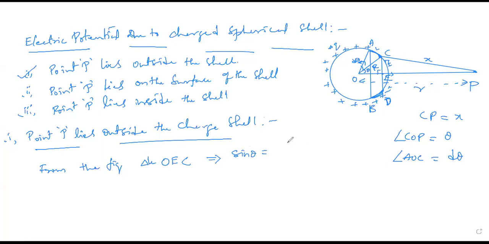Sine theta is equal to opposite side by hypotenuse, so sine theta equals CE divided by OC. From here, we can also write CE is equal to OC sine theta. Correct?